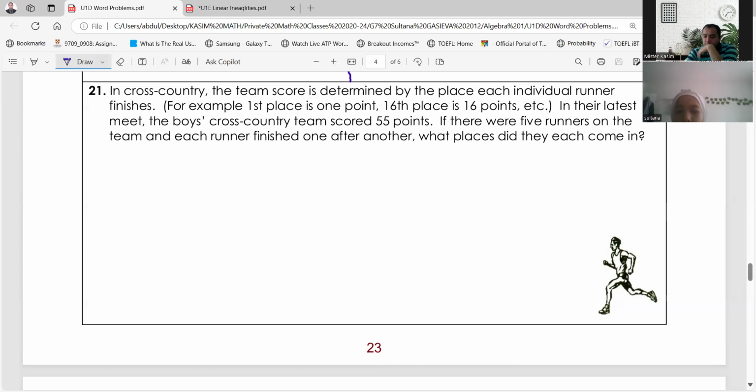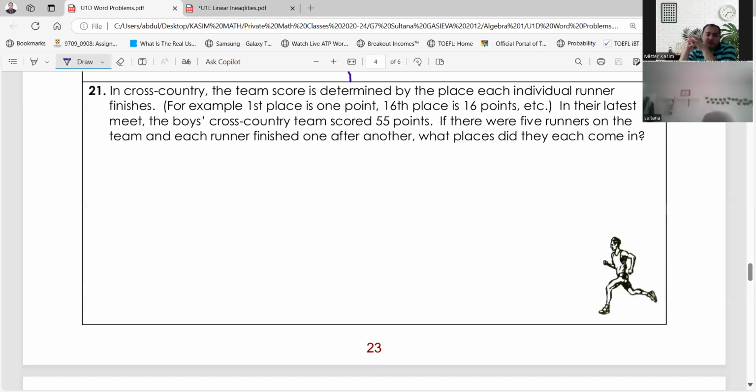Okay. So if you were in first place, you would get 1 point? Wait, what? So the fewer points you have, you win? Okay, that's really creative. First place is 1 point, 16th place is 16 points, etc. In their latest meet, the boys cross country team scored 55 points.